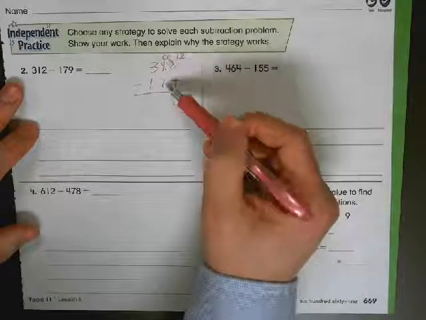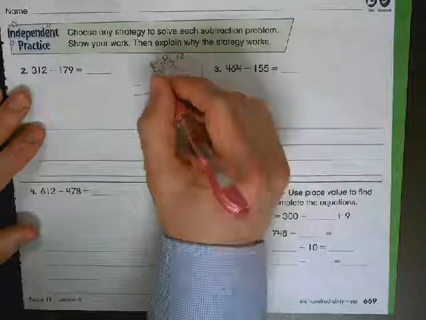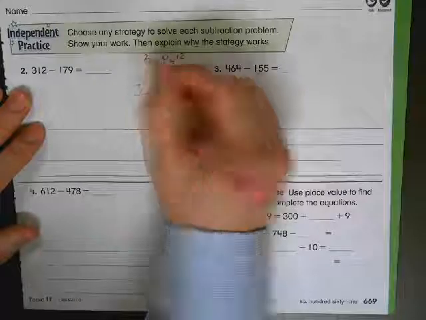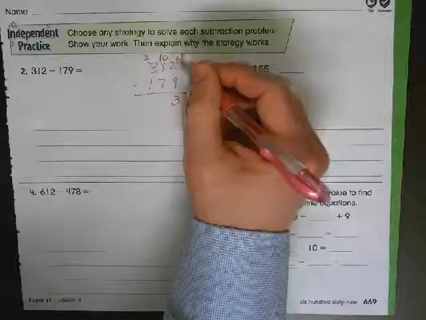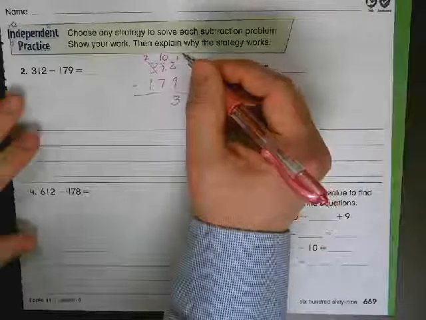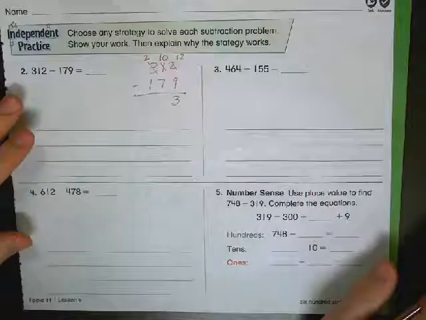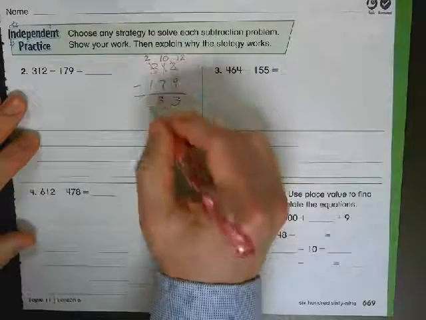Now I have another problem. I have 0 minus 7. I can't take 7 away from 0. I have to grab from the hundreds. I have to take 10 of those hundreds. So now I have 100 away. I have 2 hundreds left, and I take 10 tens, take 10 of them and put them over here. I have 10 tens equals 100. Now I have 10 minus 7 is 3, and 2 minus 1 is 1.